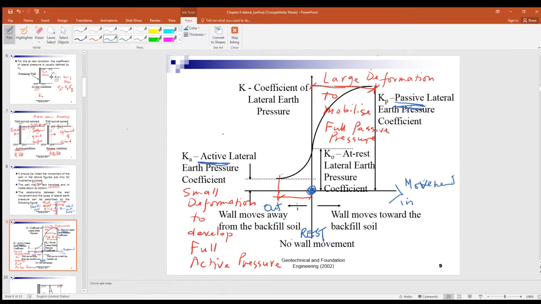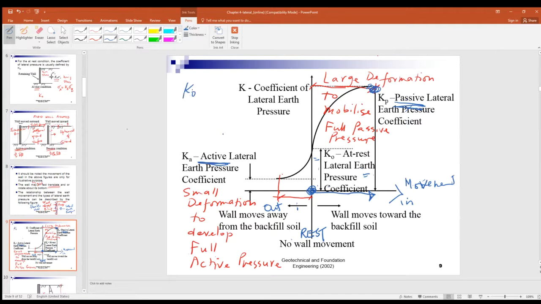Now, take this graph. If the wall is trying to move in, as you can see from this figure, it has to undergo a large deformation before you come to this K value, Kp.